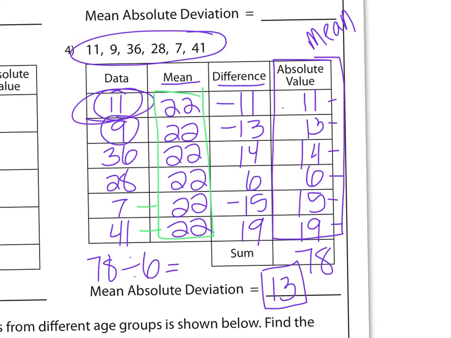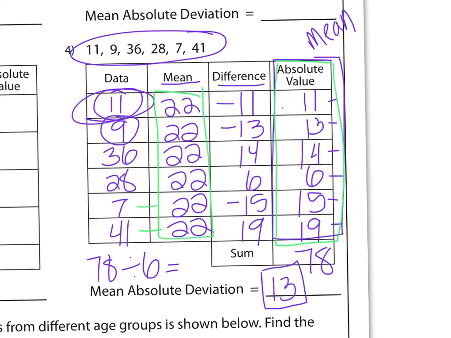Once you have all of your calculations, you're then going to find the mean, because we are finding the mean absolute deviation. So these are our deviations, and on average, how far apart is each one of these data points from the mean?